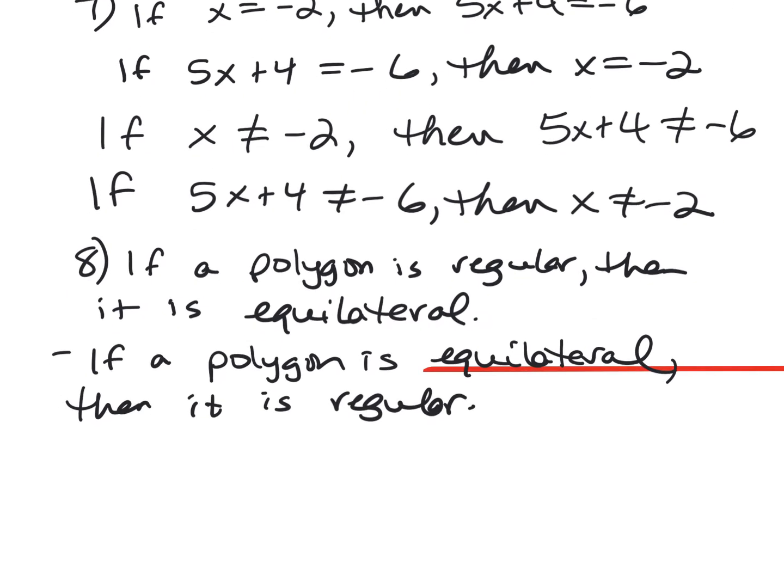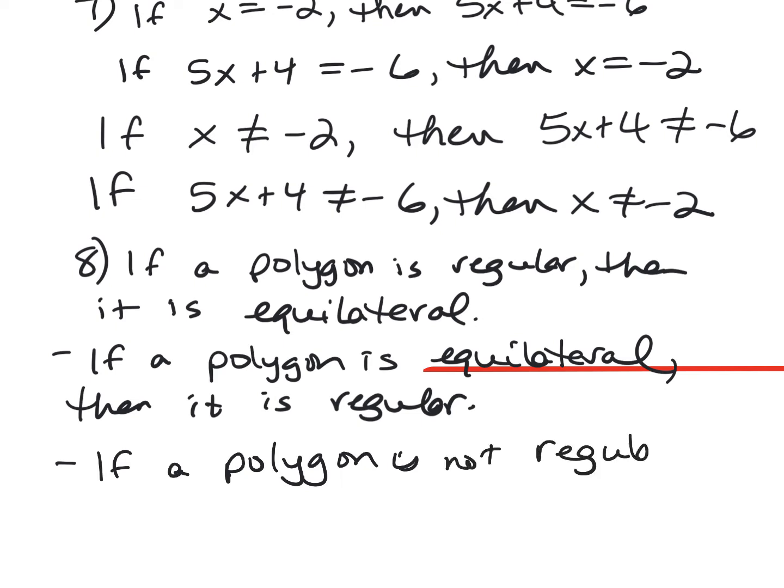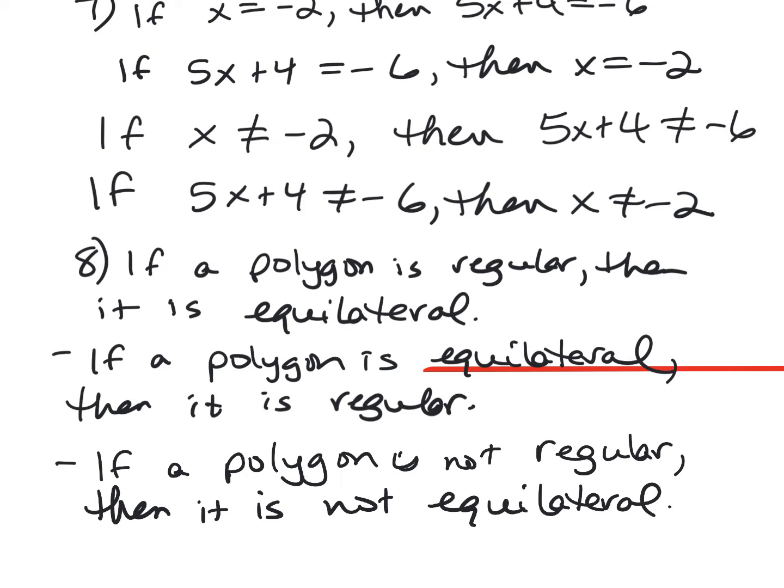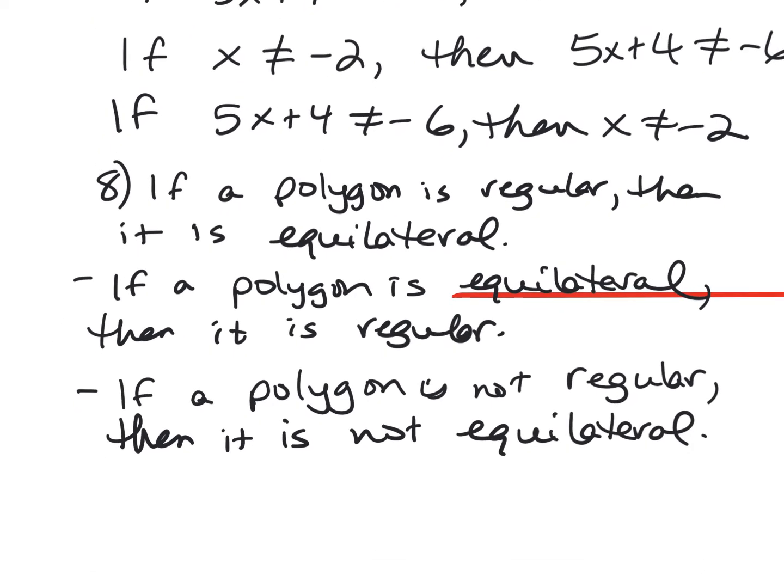Now I'm going to add in nots. If a polygon is not regular, then it is not equilateral. And now contrapositive, flip and negate.